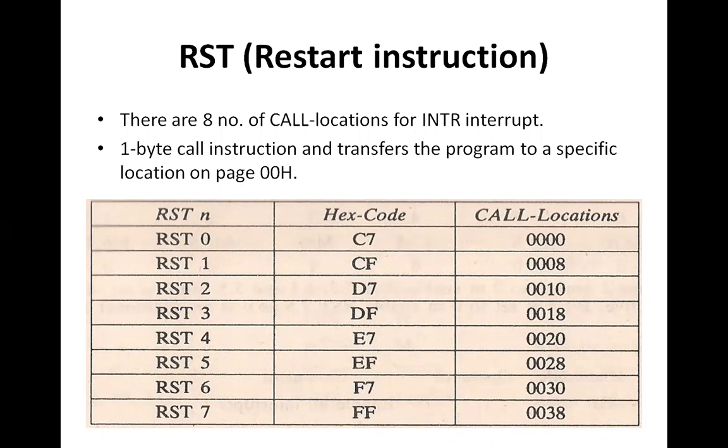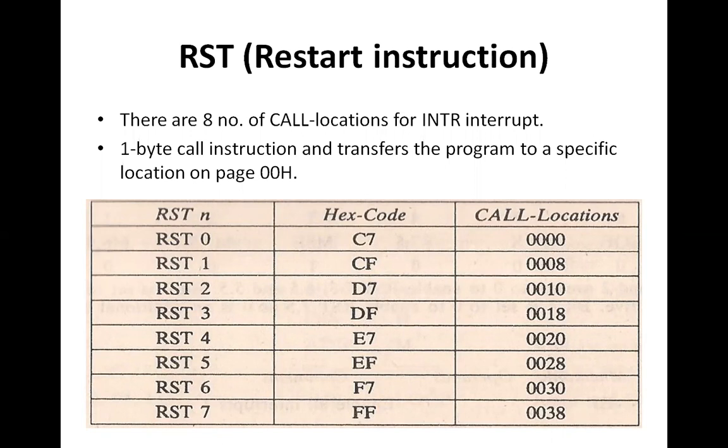So the address of the next instruction after the RST instruction is stored on the stack before the program execution is transferred to the RST call location. These locations are called call locations. When the processor encounters a return instruction in the subroutine associated with the RST instruction, the program returns to the address that was stored on the stack. So whatever is the content of the stack, it is taken back into the program counter, and then normal execution starts.